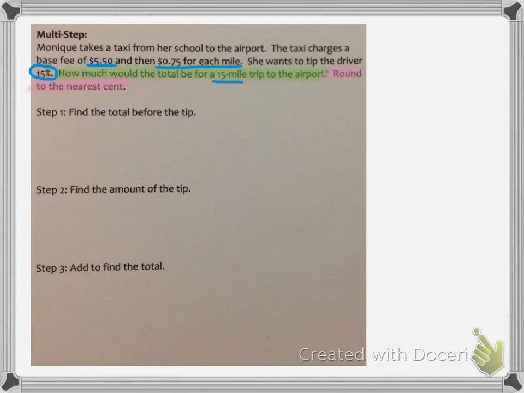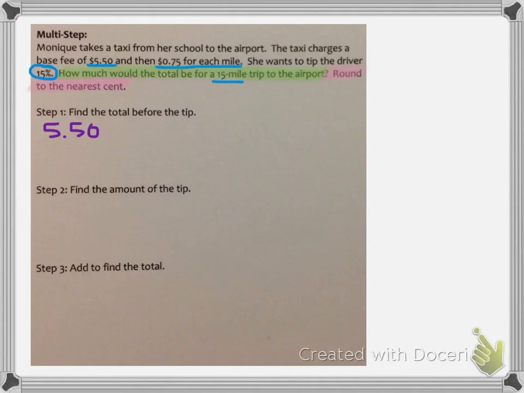Well, no matter how long her trip is, she's going to have to pay $5.50. But we are told that the cabbie charges 75 cents for every mile, and her trip is 15 miles. How can we find out how much he will charge for the distance he's taking her?